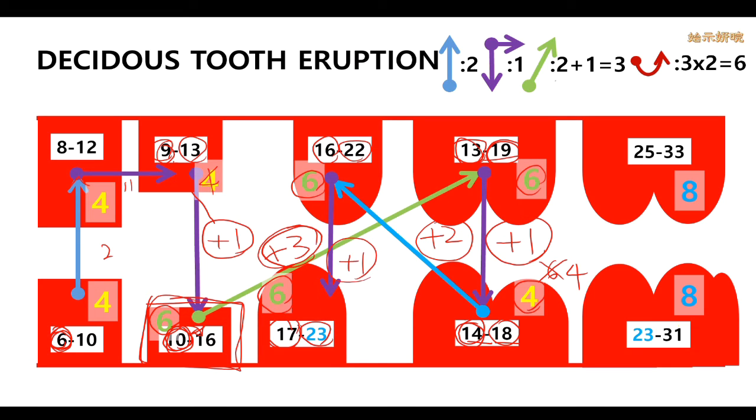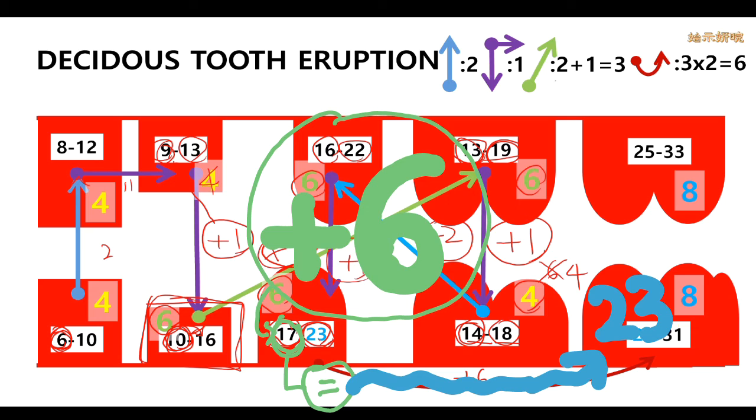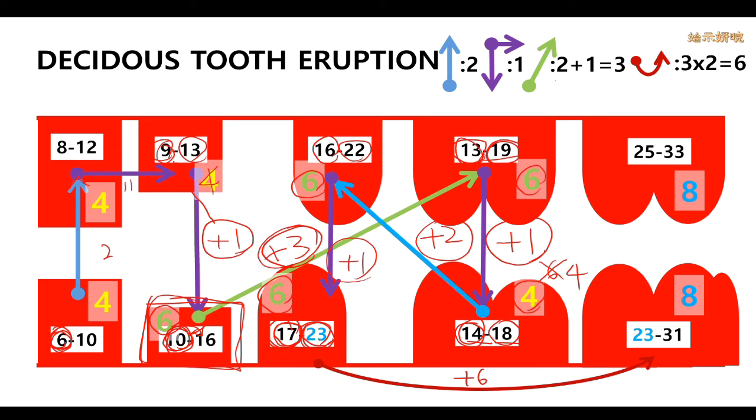Okay, and this 23 is in color blue, which means this one will travel far away to the mandibular second molar, and you can remember it in 2 ways. You can reward this number with 6 because it is crossing a huge first molar, or you can remember it by thinking this 23 moves to the beginning number of the second molar, okay?